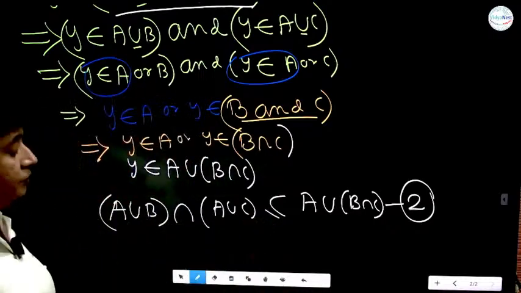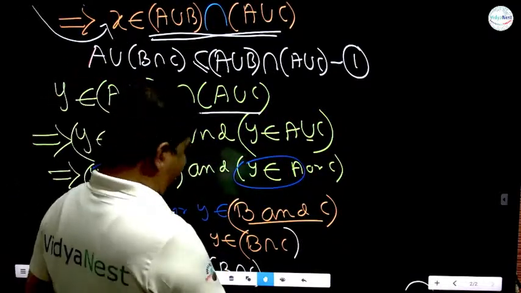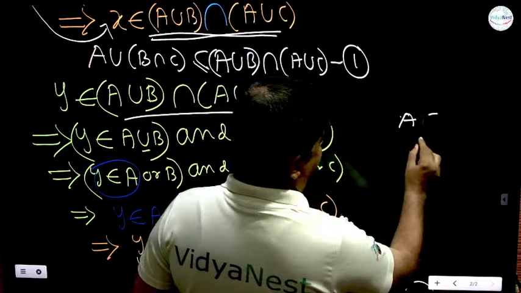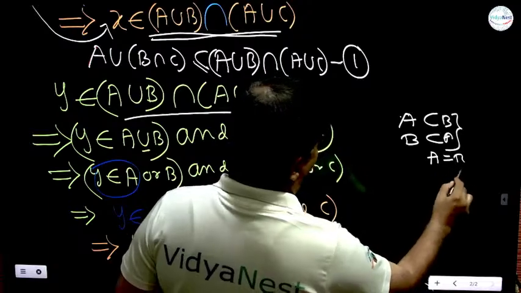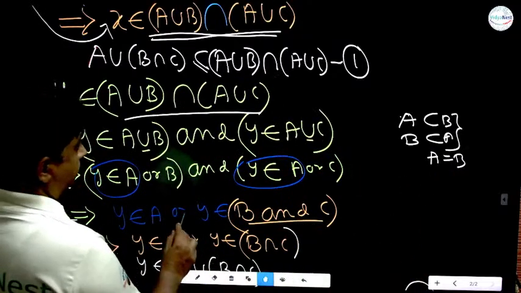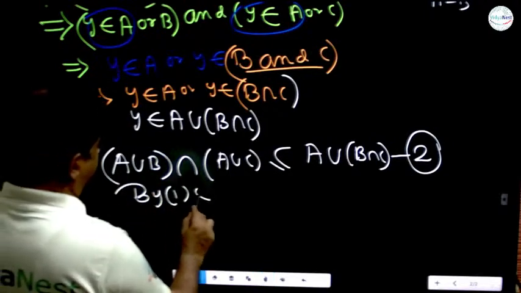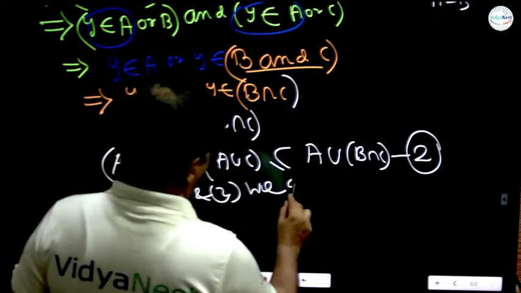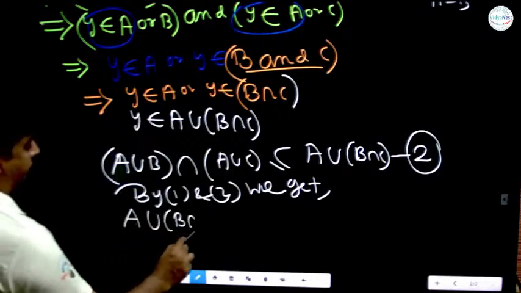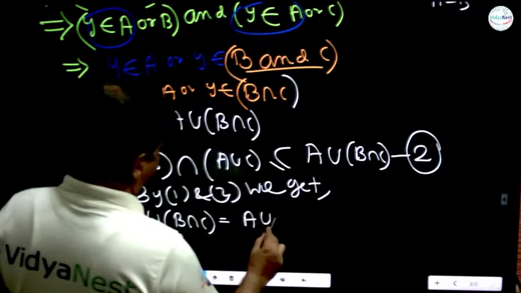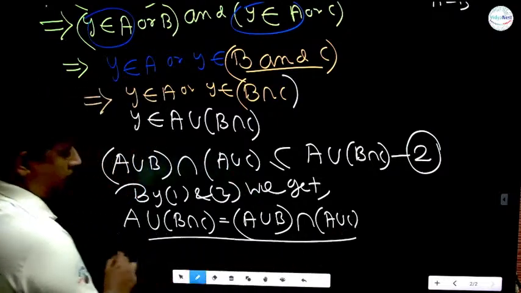A union B intersection C, that is result 2. Now you combine 1 and 2. See, a few minutes back we got that result: A is a subset of B as well as B is a subset of A, then I can write A is equal to B. So by 1 and 2 we get the result.